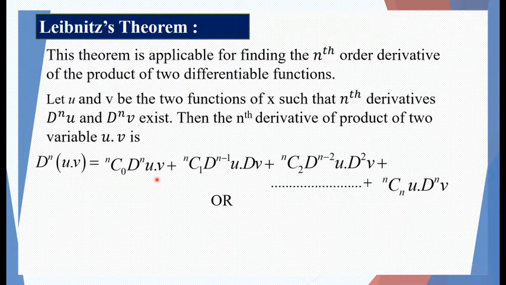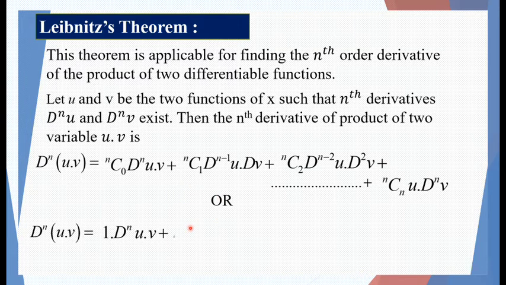Or we can write it in other words, nC0 termed as combination. So the value of this is n factorial upon 0 factorial into n minus 0 factorial. So it will be 1. So we can write it as 1 into nth derivative of u into v plus nC1 will be n factorial upon 1 factorial into n minus 1 factorial.